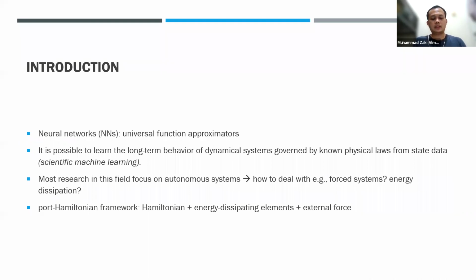And the problem is that most research in this field focuses on autonomous systems, so basically you don't have any external force. And most of the time, when we talk about physics, they only try to learn a system that conserves energy.